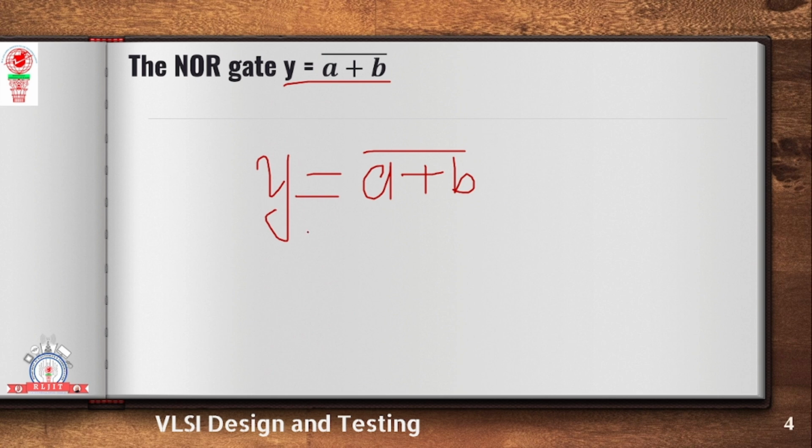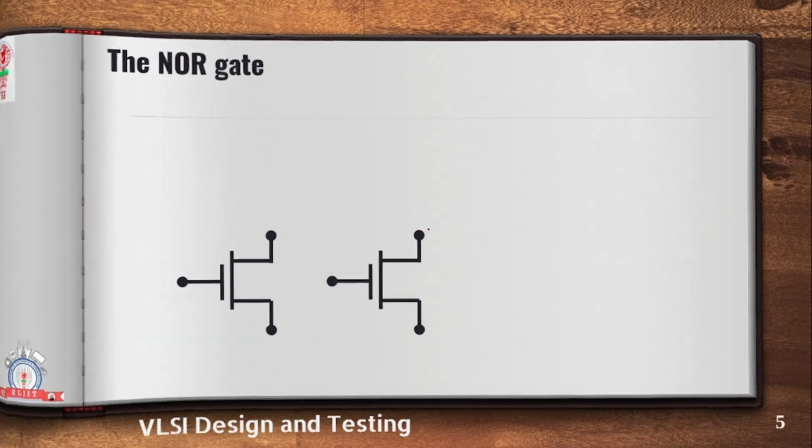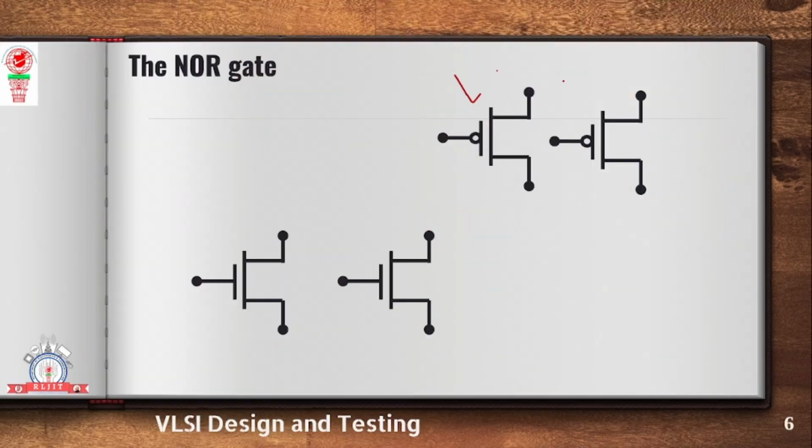We are having two inputs, A and B. So I'll take two NMOS, 1 and 2, and two PMOS, 1 and 2. Totally, I'll be resulting with 4 transistors to design the circuit. So let me go to the next step.